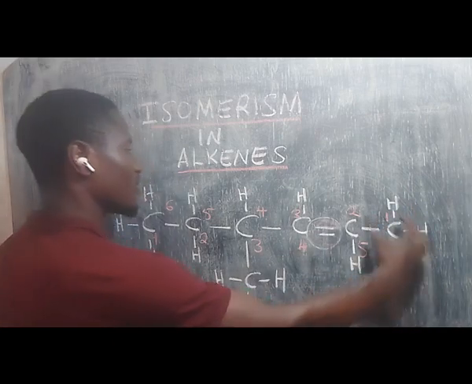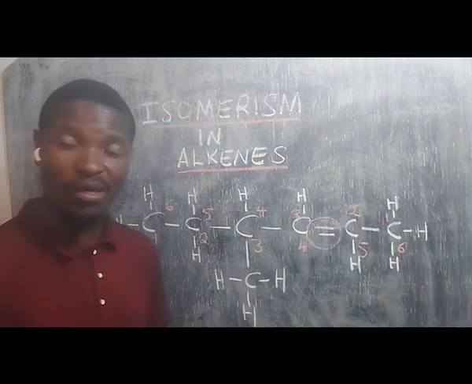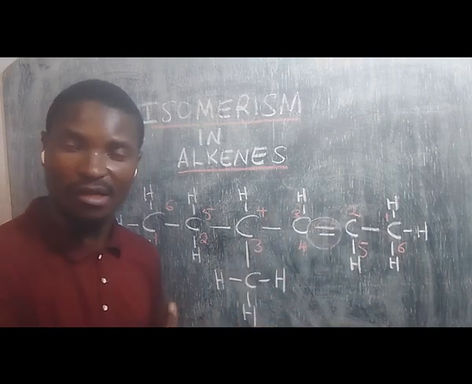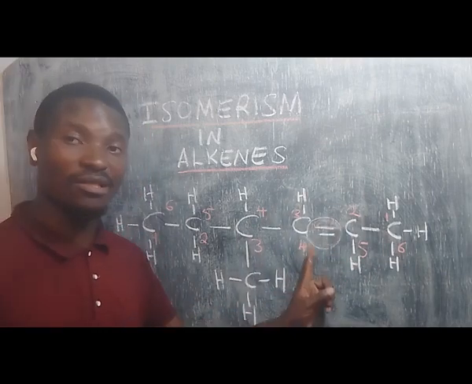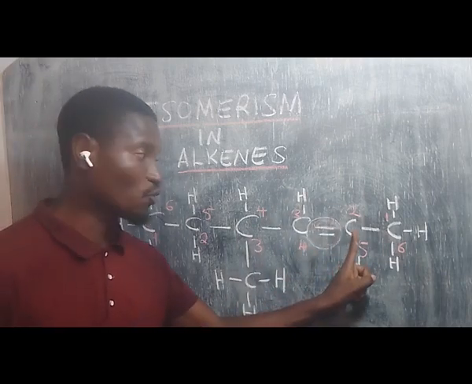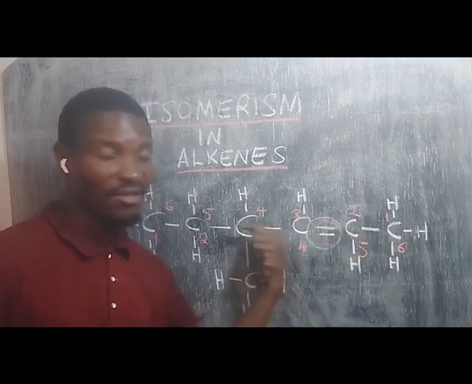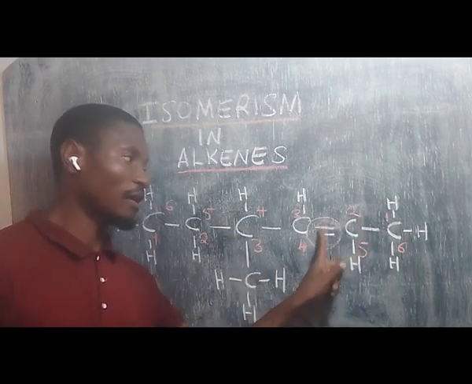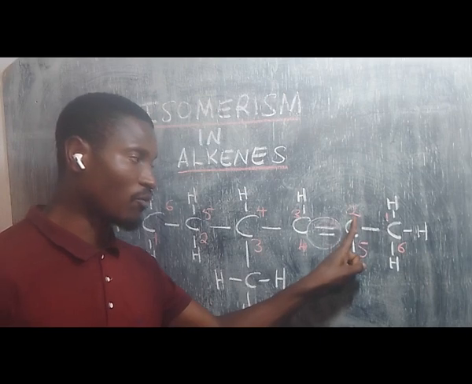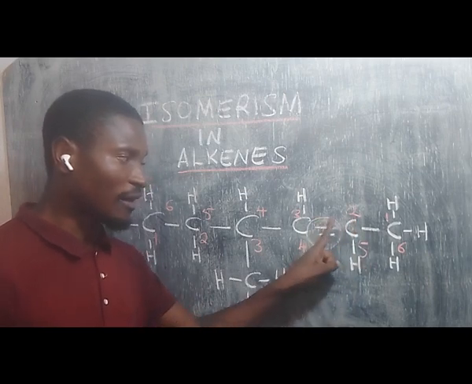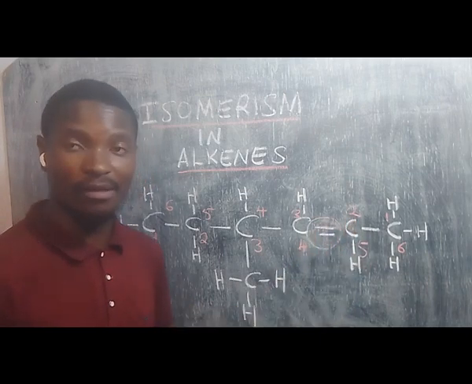When I start from right going to the left, the double bond is occurring at carbon number 2, because I'm moving in this direction, so I have to follow this carbon; this bond is for carbon number 2.